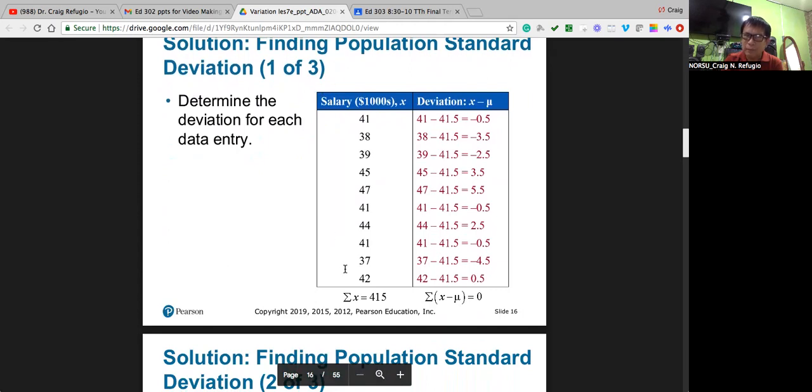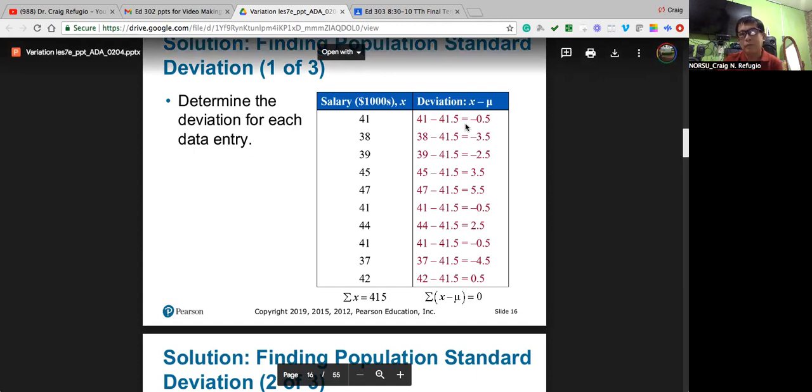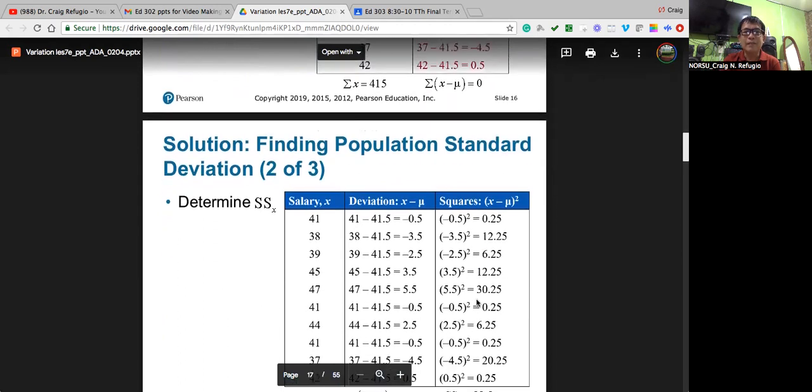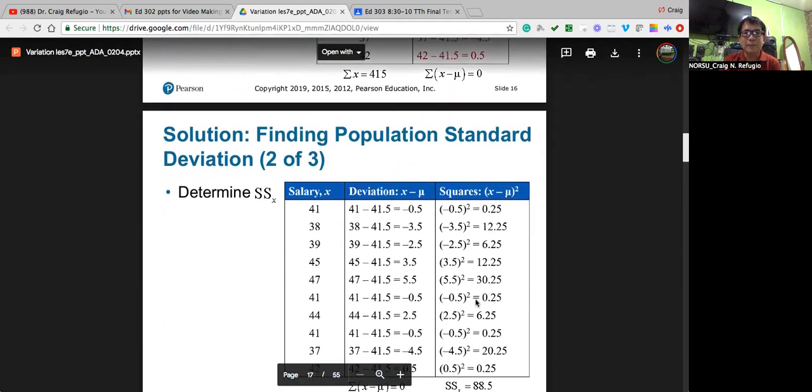You get the total of the first column, and this total is what we call the summation of x. That's 415. And the total of the second column, the x minus mu column, which is the summation of x minus mu, is equal to 0.